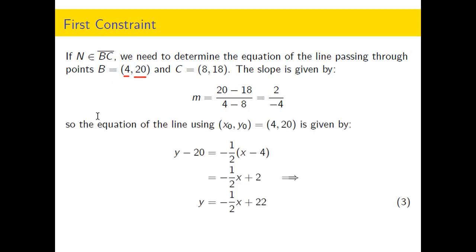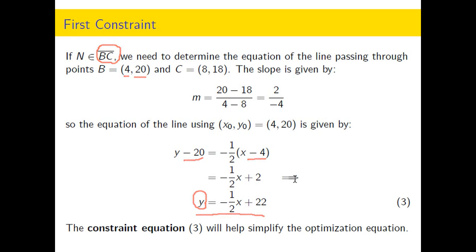And you can see the calculations. y minus y naught equals -1/2 times x minus x naught. And when you simplify that, we get our first constraint. So we know that the line segment BC is contained in the line y equals -1/2 x plus 22. So we're going to substitute for y in our area equation. And then we'll be able to do calculus.